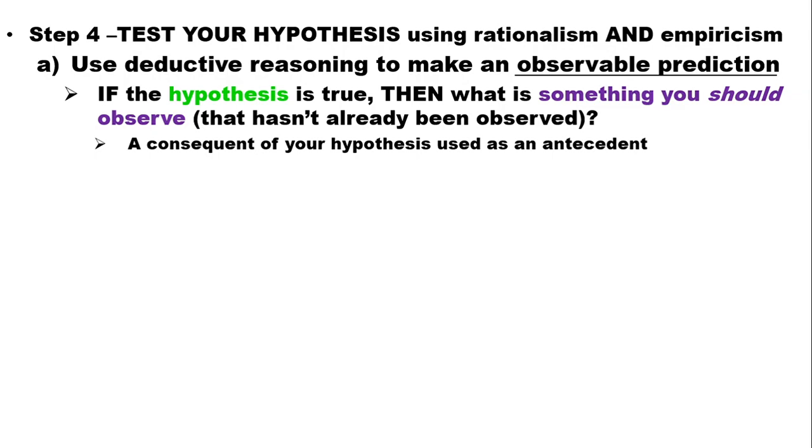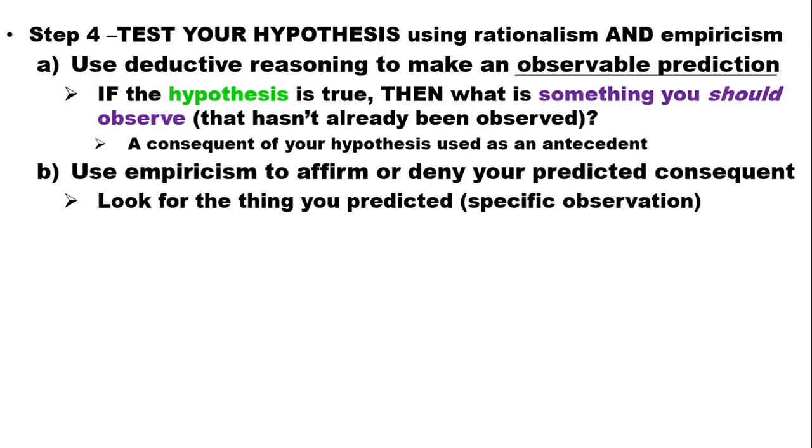You're saying if the hypothesis is true, then what's something that we should observe that we haven't observed already? Because remember, we came up with the hypothesis to explain everything we could observe. We need something we haven't observed yet. So you're using deductive reasoning to come up with a new consequent of the antecedent to see if it's true.